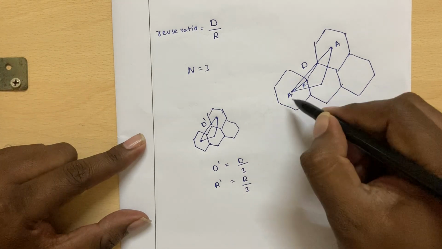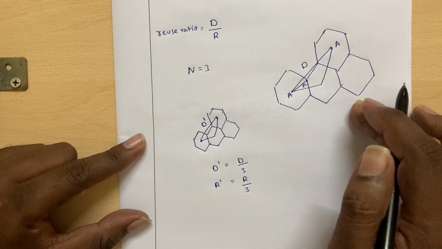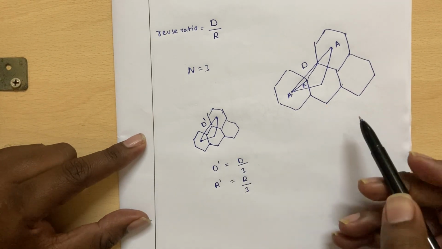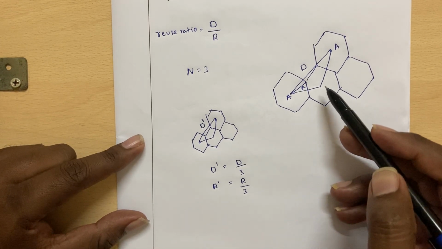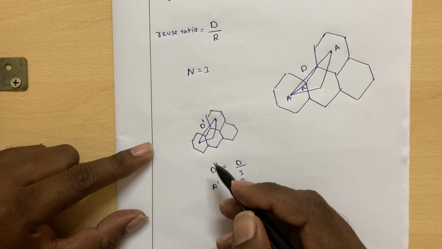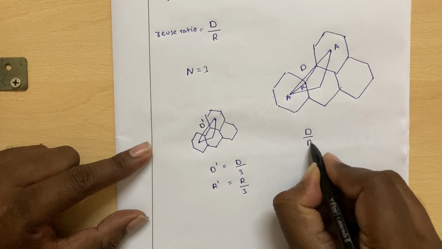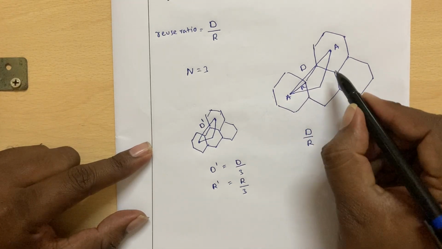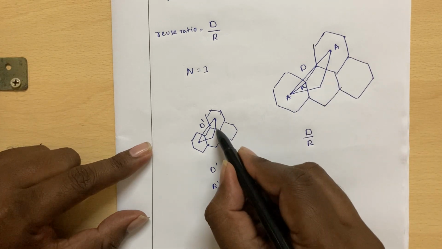Now if you see, the reuse ratio for this bigger cellular system and this smaller one are both the same. Fundamentally, the difference is that this cell has a bigger size and this cell has a smaller size, but because the D by R ratio is the same, whatever interference level you observe here, the same level will be here.